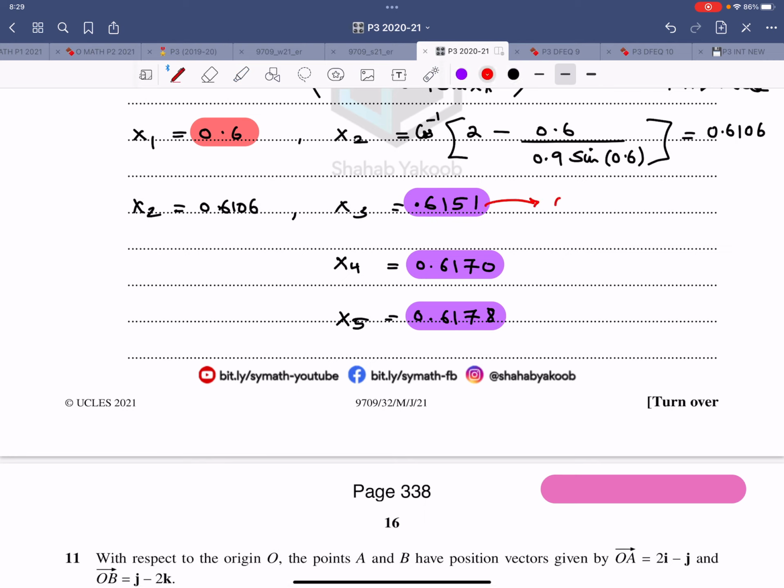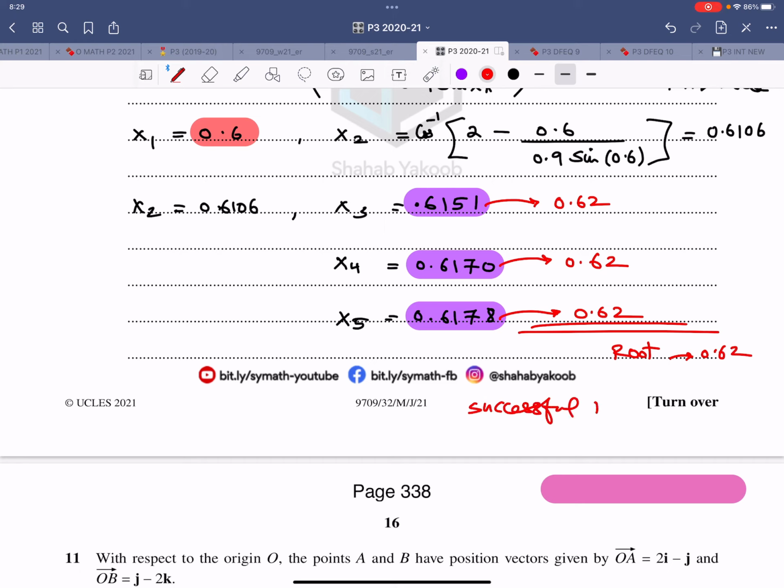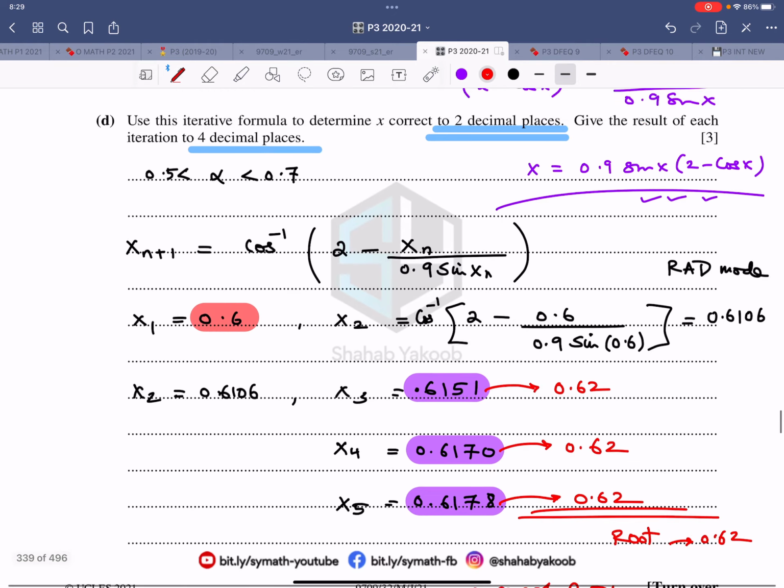This becomes 0.62. So even if I've done something extra, don't worry, your answer is safe and secure. So the root of this equation is 0.62, because successive iteration means your input and your output value are exactly the same. So even if you go any step further, it doesn't make a difference.